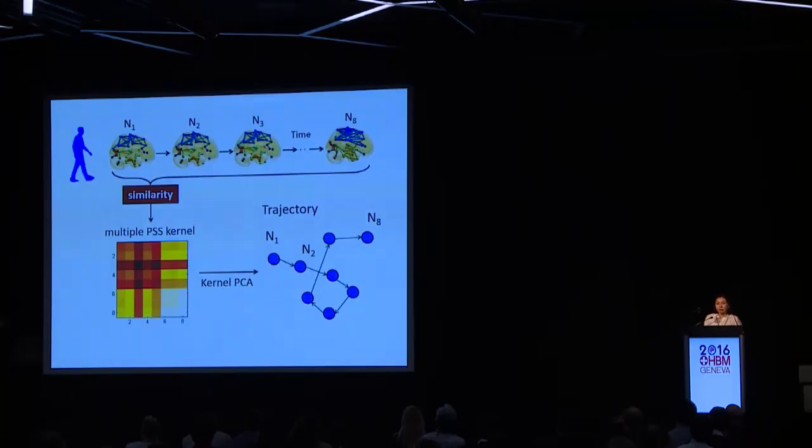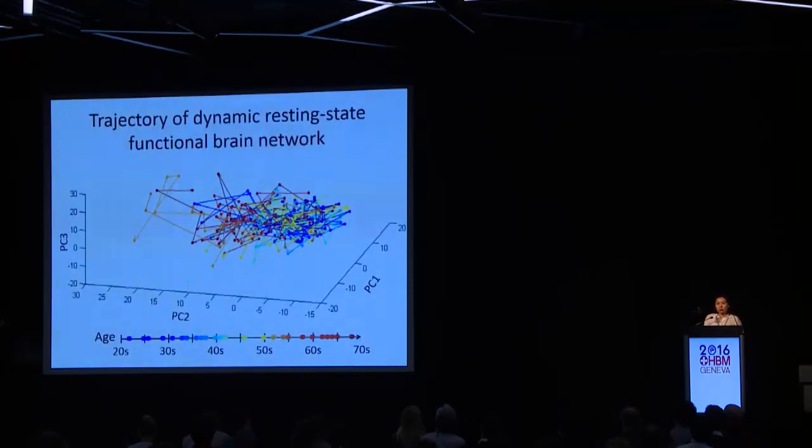In the low-dimensional space, the similarity between networks is approximately preserved. So we apply this method to all 38 subjects. This is the trajectory. The blue trajectory is for the younger subject, and the red trajectory is for the older subject. You can see that when the subject gets older, the trajectory fluctuates more.